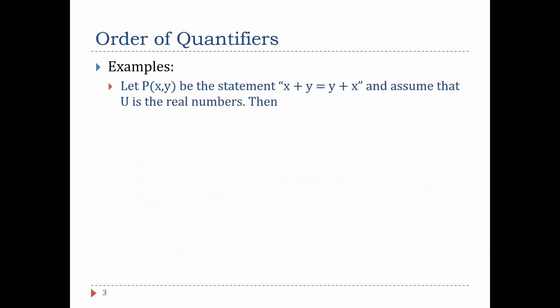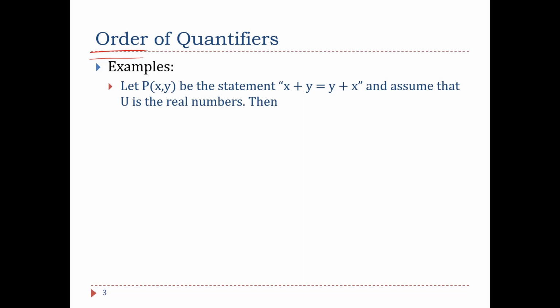Let's see a few additional examples, rules, and laws that should be respected when it comes to nested quantifiers. The first concept is that the order of the quantifiers really matters.